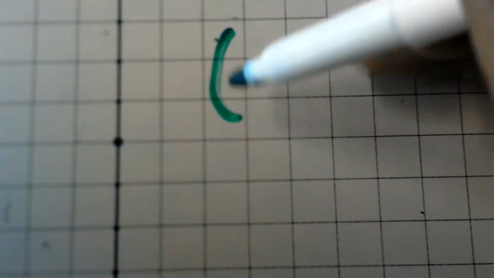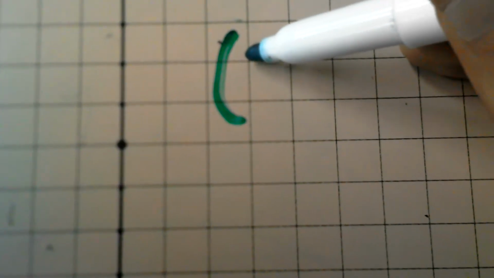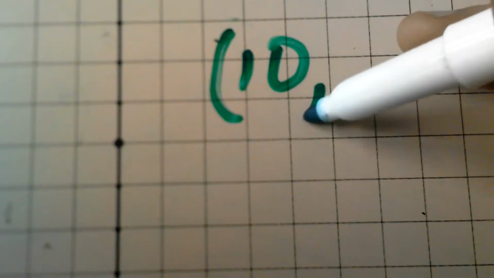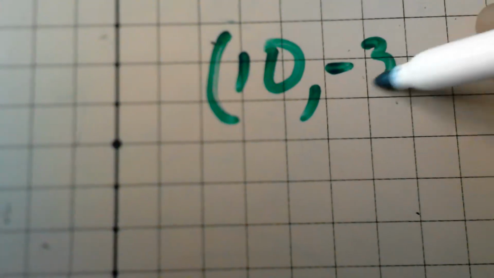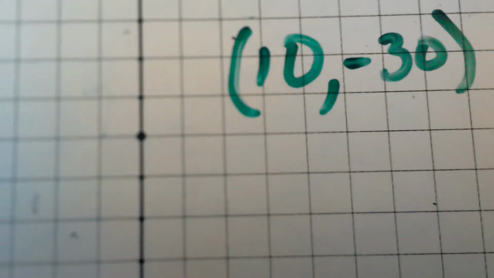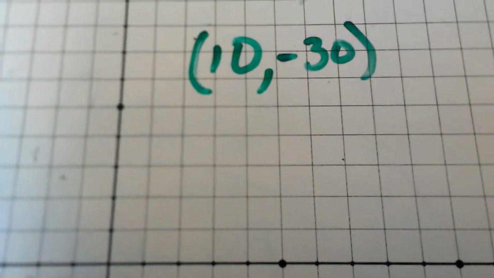Okay? And let's say I had to graph the point 10, -30. Okay? So here's a different example where I'm clearly not going to be able to fit -30 on this graph. So I need to choose a different measurement.